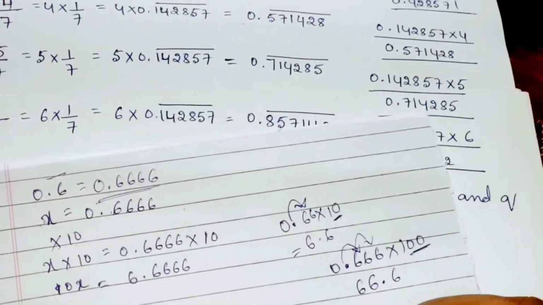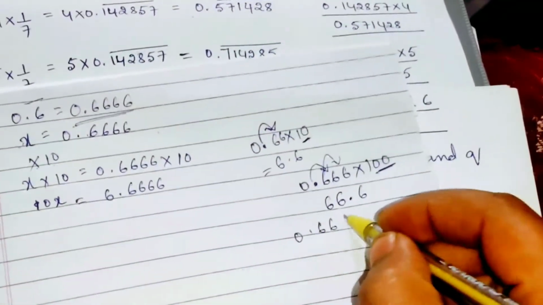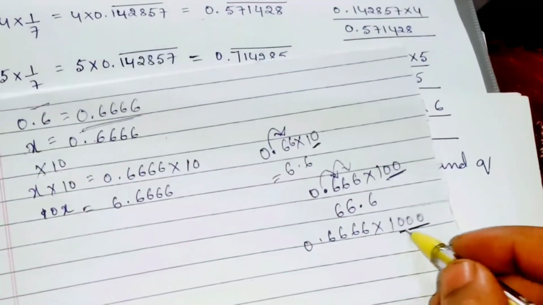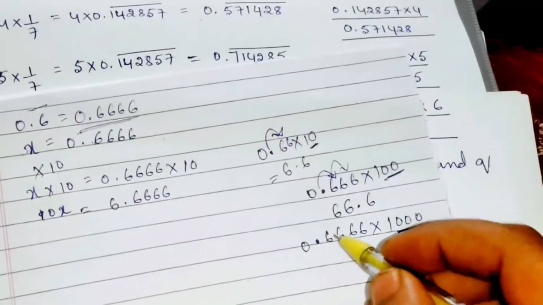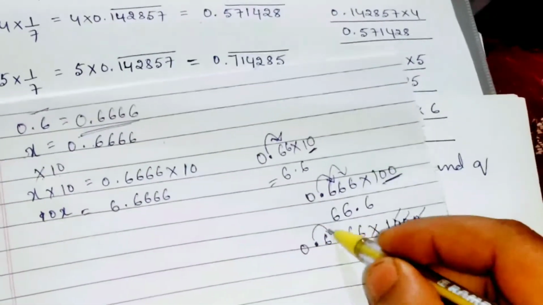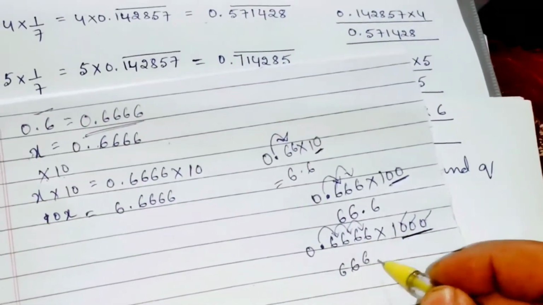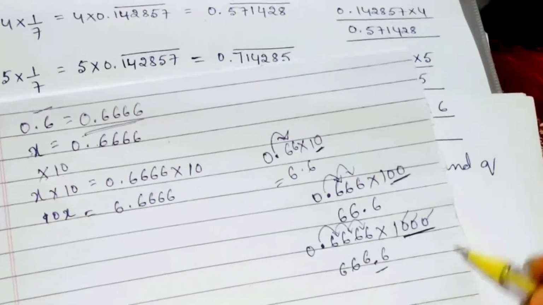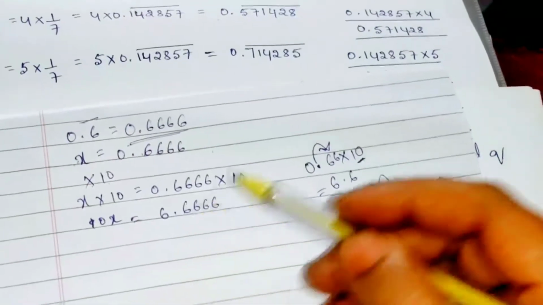Similarly, if you multiply 0.6666 by 1000, since there are 3 zeros in 1000, the decimal point will shift 3 places. Then the answer will be 666.6.